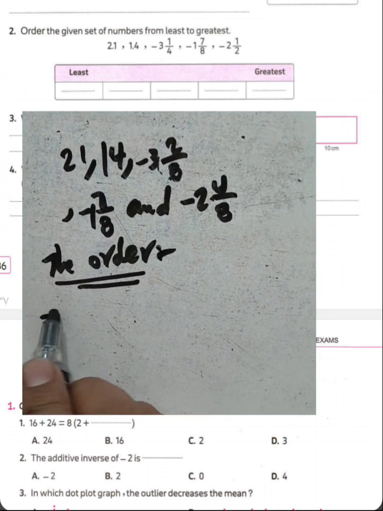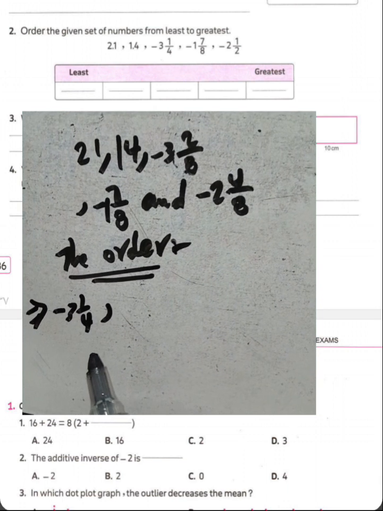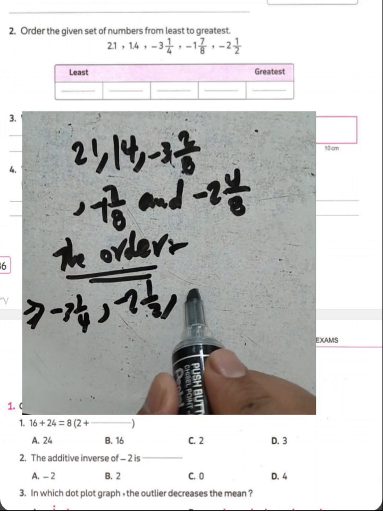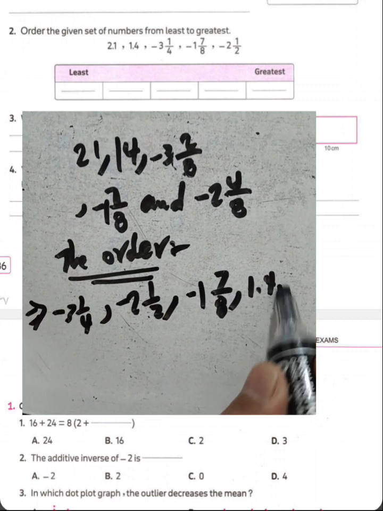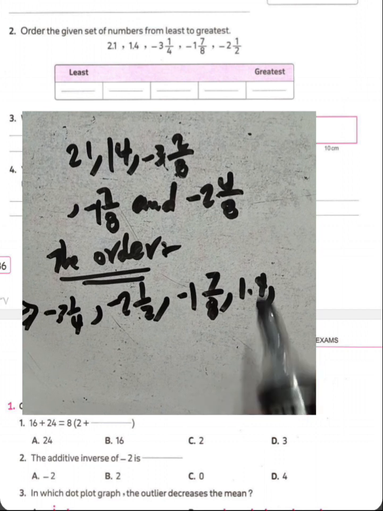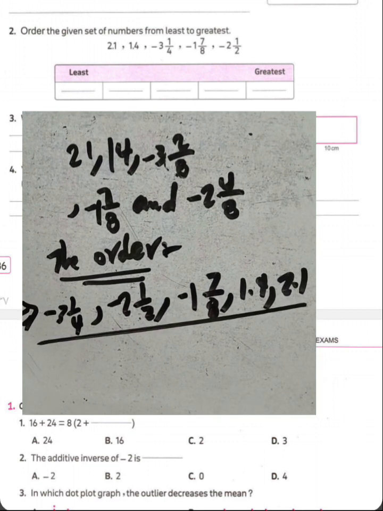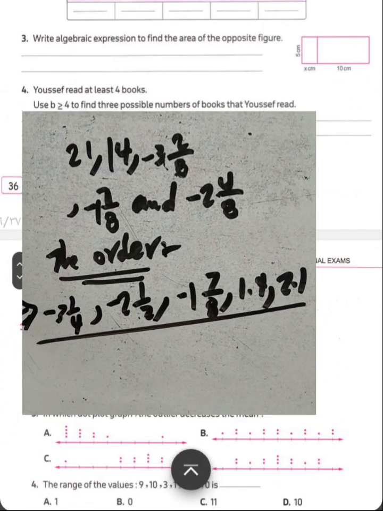Negative 3 and 1 over 4, and then negative 2 and 1 over 8, and then negative 1 and 7 over 8, and 1.4, and then 2.1. Okay, from least to greatest.